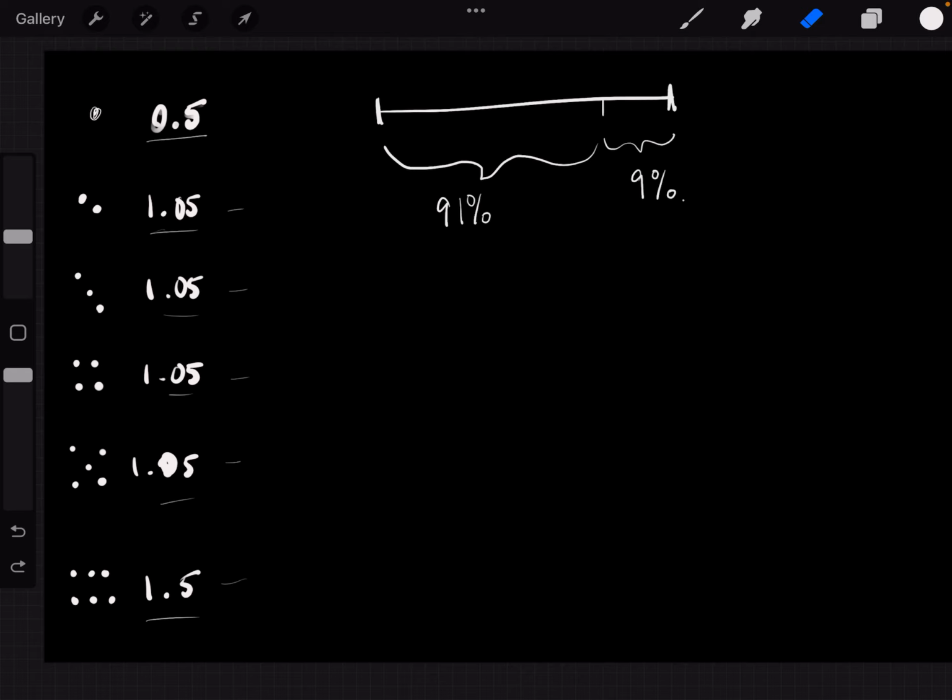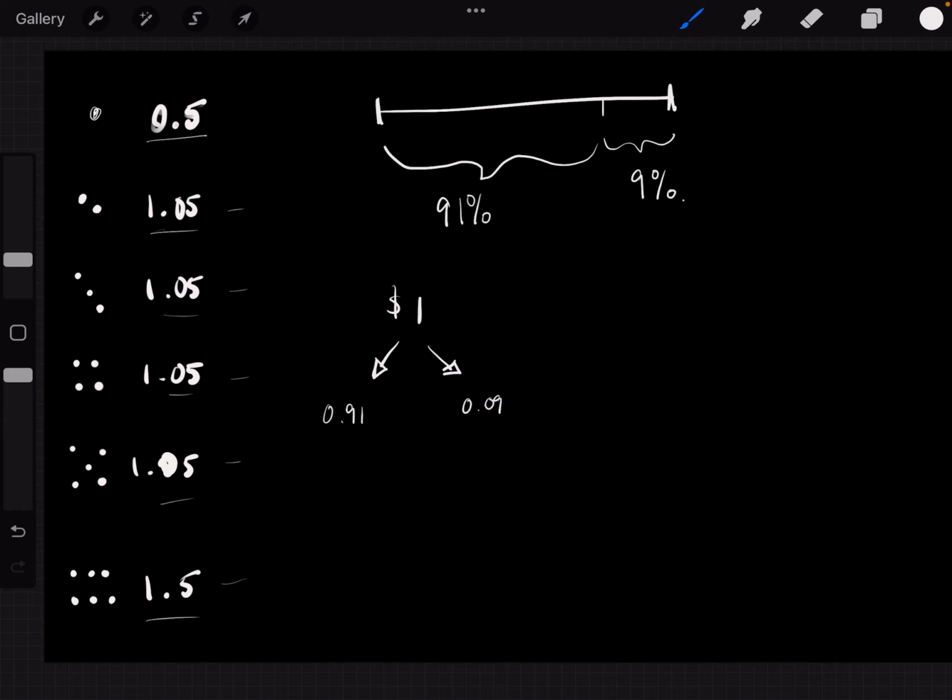Let me give you an example. Let's say you were starting out with a starting wealth of $1. First, it doesn't matter what the roll is. The first thing you're going to do is separate that into 91%, which would be 91 cents, and 9%, which is 9 cents.